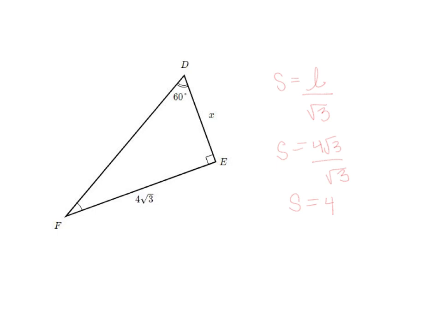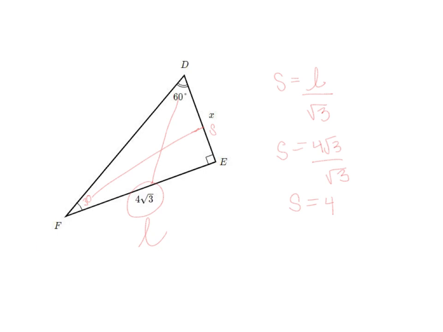Here we are given a triangle that is a 30-60-90. We are given the long side. This is the 30-degree angle here, so what we're trying to find, this x, is actually our short side.